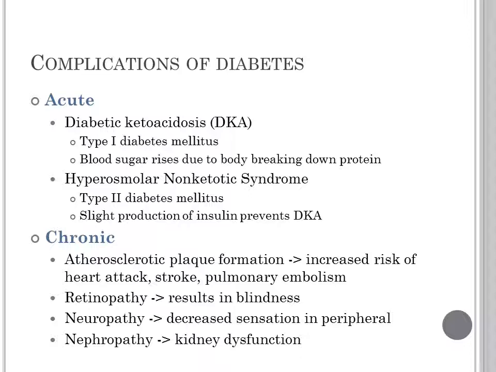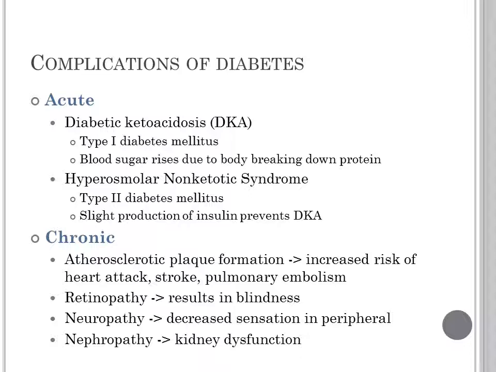The next acute complication would be the hyperosmolar non-ketotic syndrome, and this is typically more indicative of a type 2 diabetic patient. Same thing, there's not enough insulin for the body to utilize the glucose for fuel. So in addition to using glucose, it's going to turn towards protein, break down some protein, use that for fuel, and then cause the bloodstream to become more acidic.